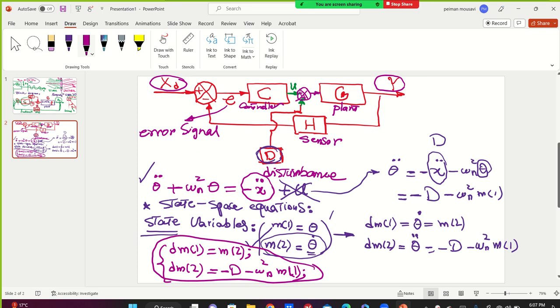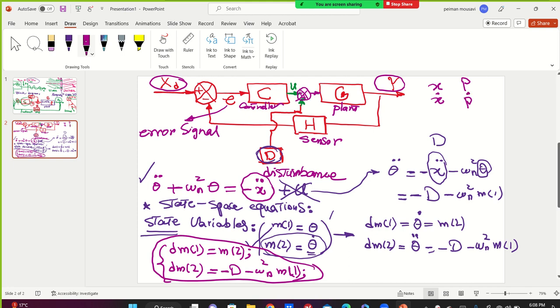But before going ahead, guys, state variable is valid for your car position. When I'm talking about your car, its position is a state variable, its linear velocity is a state variable. When I'm talking about the pressure of a tank, its pressure is a state variable, its rate of pressure is a state variable.